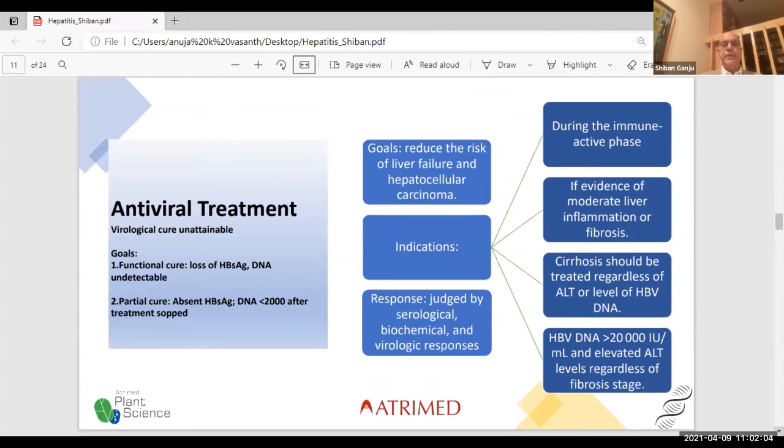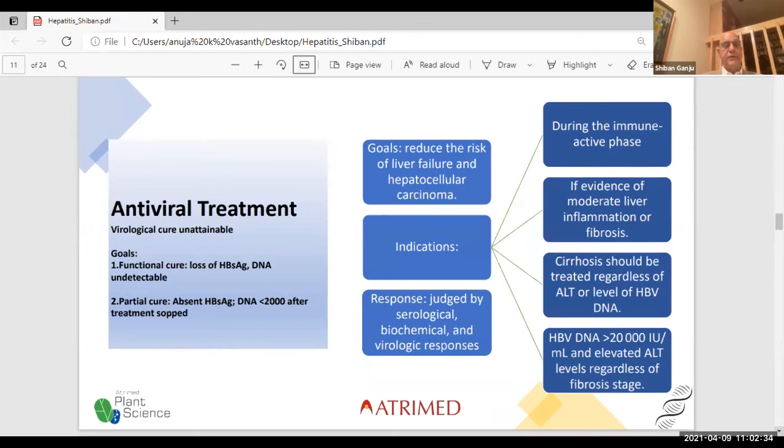Obviously, you have to treat these people. As I mentioned right in the beginning, the hepatitis B circular DNA stays in the nucleus forever and ever. If the person is unlucky, he doesn't clear it. So we have only two kinds of treatment outcomes for this. One is called the functional cure, which is defined as complete absence of HBsAg, the surface antigen, and the DNA is undetectable.